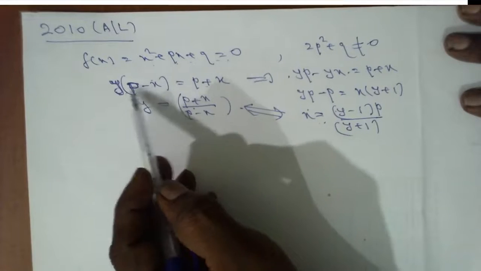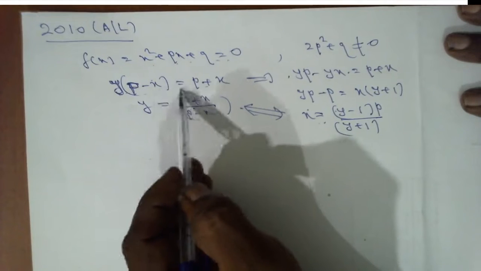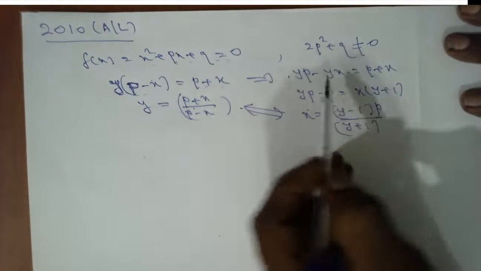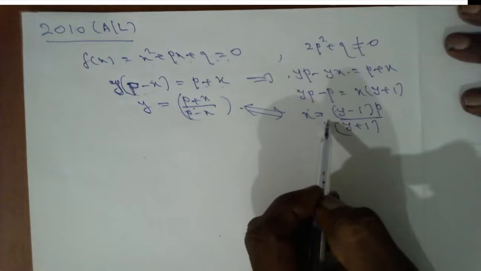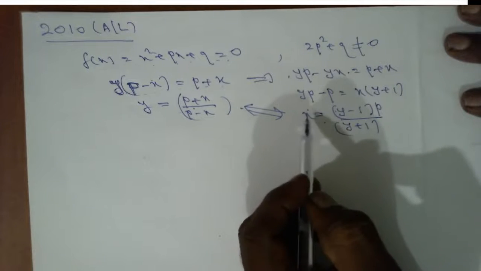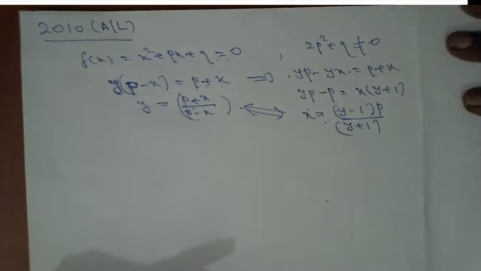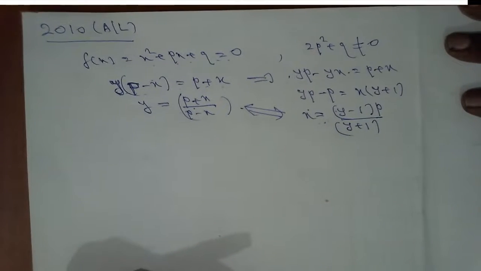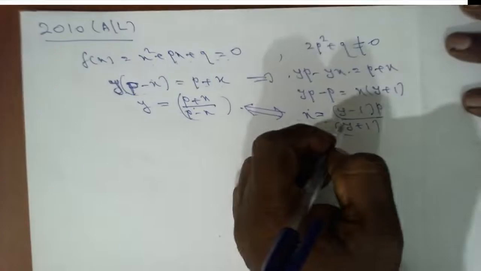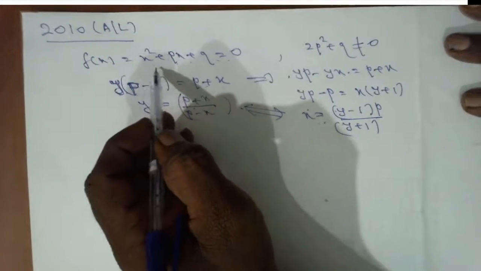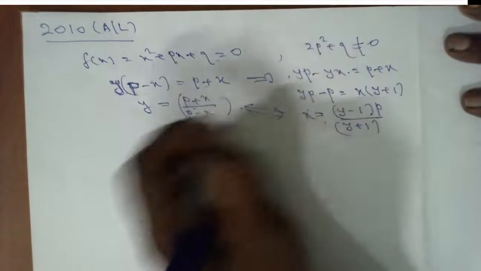Then you have the relation between x and y. From that you can make x the subject, right? Then very easily you can form the equation in y if you substitute this instead of x.